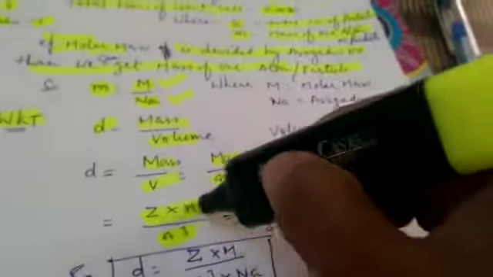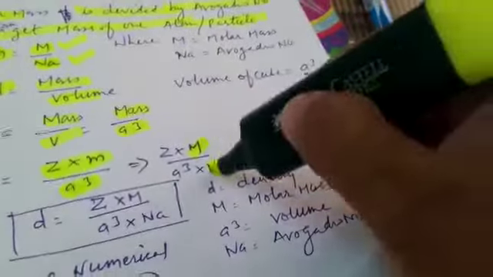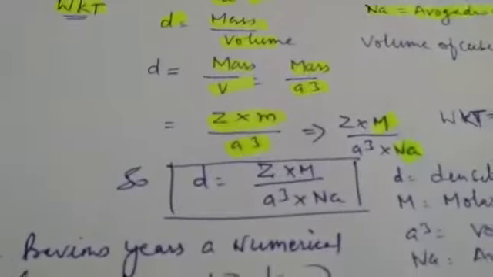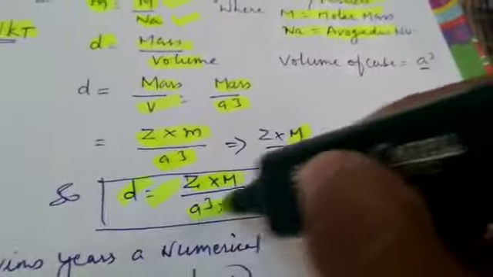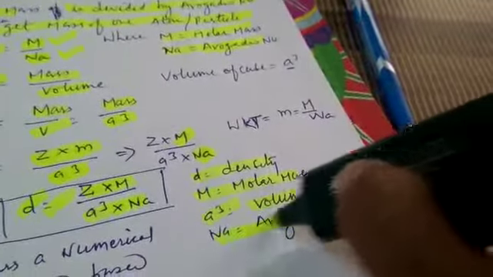So here m is replaced by M upon Na. Now we get the formula D equals Z into M upon A cube Na, where D is density, M is molar mass, volume is A cube, and Na is Avogadro number.